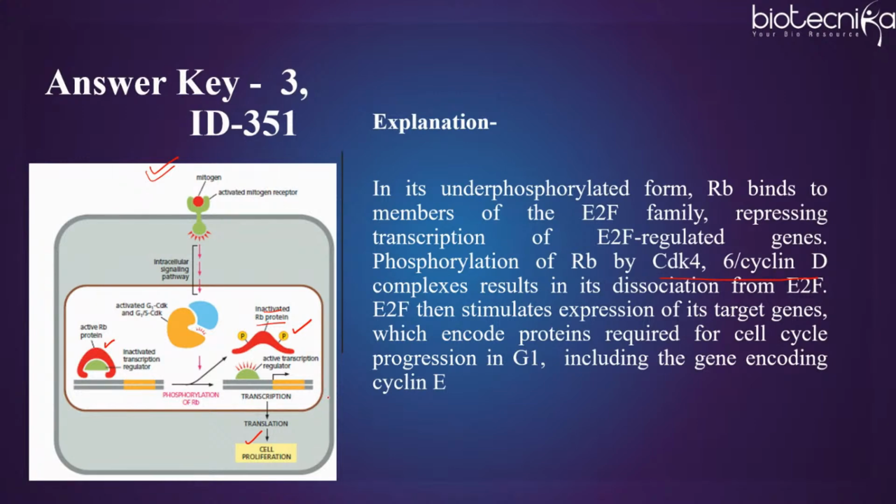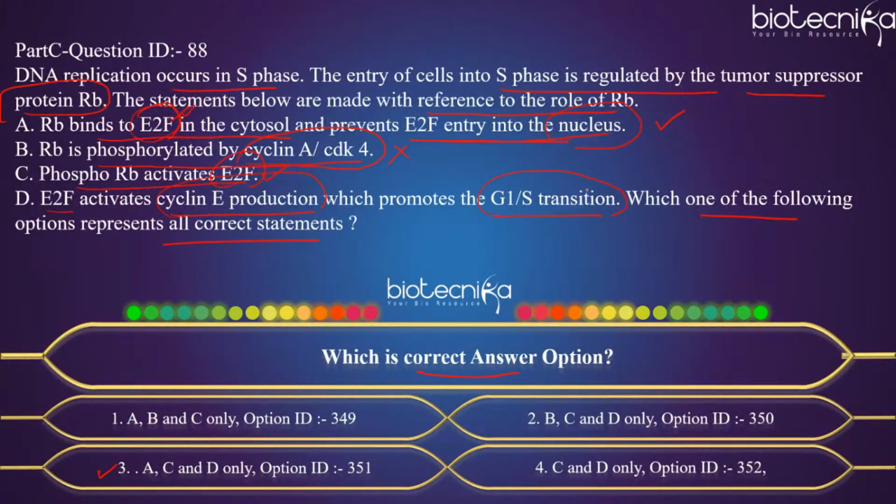Those are your cyclin E; it encodes the gene that codes for cyclin E. E2F stimulates expression of its target genes, which encode proteins required for cell cycle progression in G1, including the gene encoding cyclin E. So statement D is also correct. What is incorrect is option B. So A, C, D is the right answer over here.